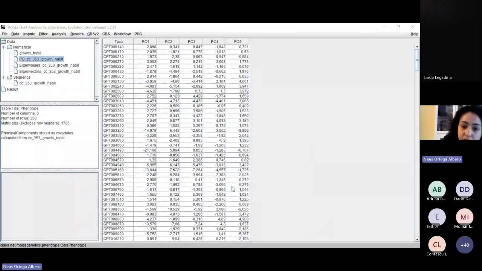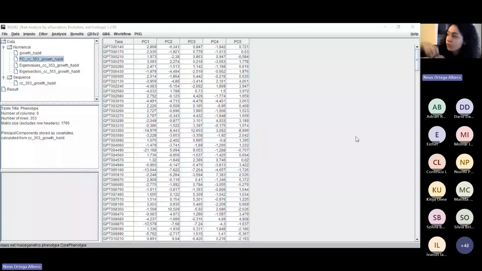What we have represented here are the individuals of this collection, and we can see that there are more or less individuals all over the graph, but there's a higher amount on the right part of the graph. That would mean that some individuals are more alike, more related than others.